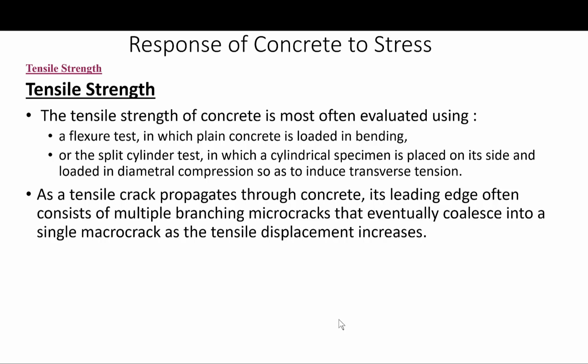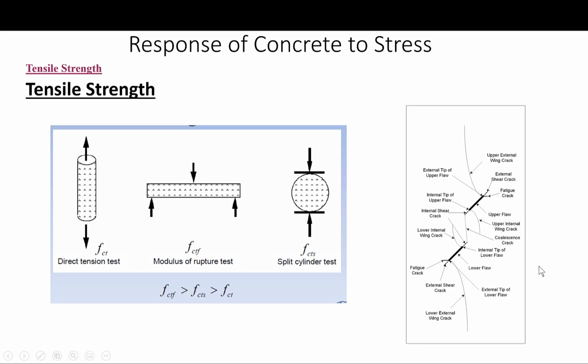As the tensile crack propagates through concrete, its leading edge often consists of multiple branching microcracks that eventually will coalesce into a single macrocrack as the tensile displacement increases. As you can see here, that's really what happens. This is a schematic representation of how cracks develop and how we see them at the macro level.